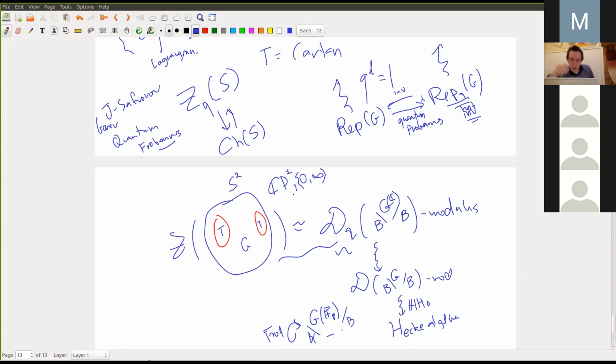And then somehow you would be wanting to study the attaching data of a G bundle. You have CP1. You would be looking at Bun-G of C star.